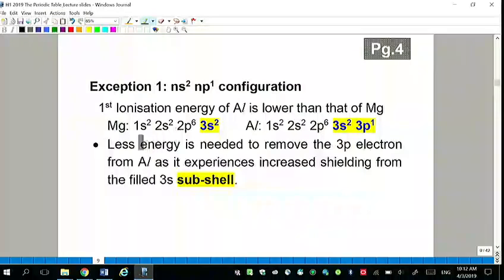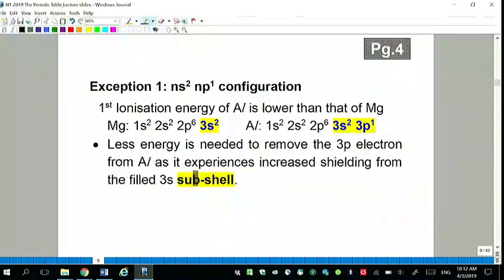You can see that less energy is needed to remove the 3p electron from Al as it experiences increased shielding from the filled 3s subshell. If I look at Al, there is an extra 3s2 subshell. The keyword here is that I'm talking about subshell. I refer to filled 3s subshell.